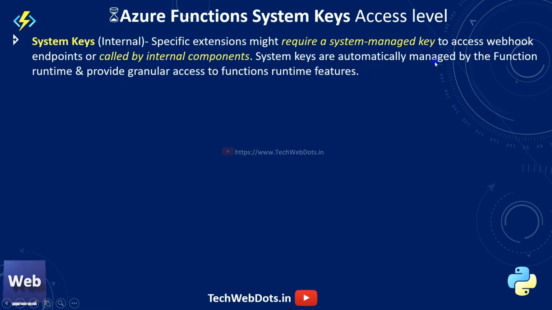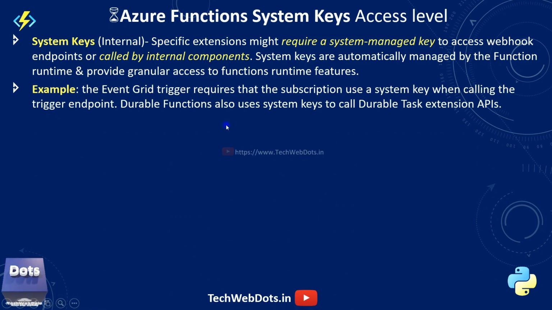System keys are automatically managed by the function runtime and provide granular access to the function runtime features. So one or two examples you can read here. Event Grid requires that the subscription use a system key when calling the trigger endpoint, or it can be a durable function, durable entities. Please watch my durable function series, if you want to, which is based on .NET.